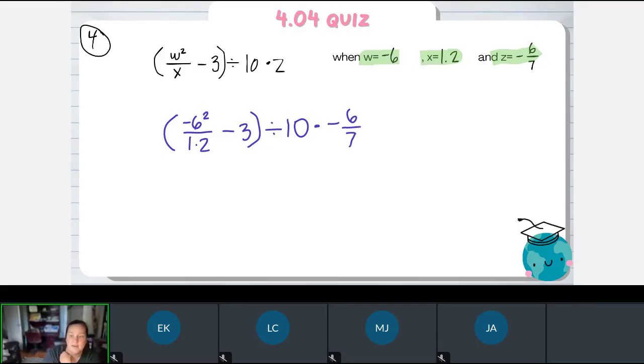Now, this looks crazy, I know. However, if you take it step by step, it's not that bad. It's just a lot of steps. So remind yourself of PEMDAS. I'll write it up here again. PEMDAS.